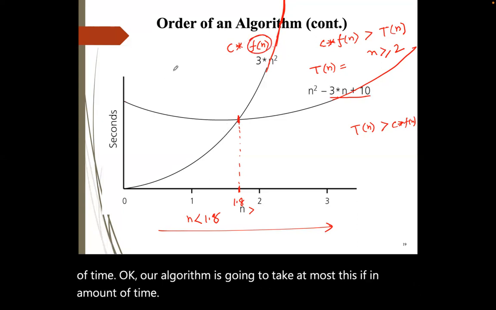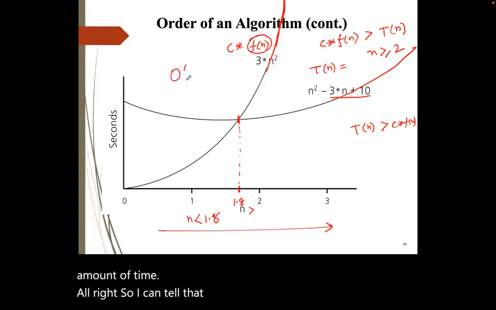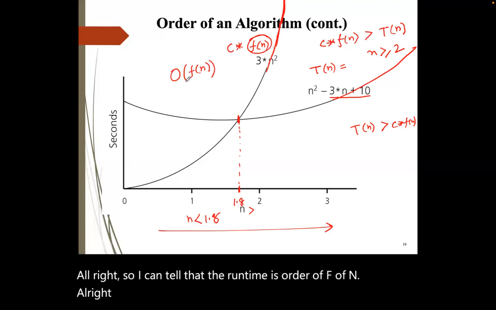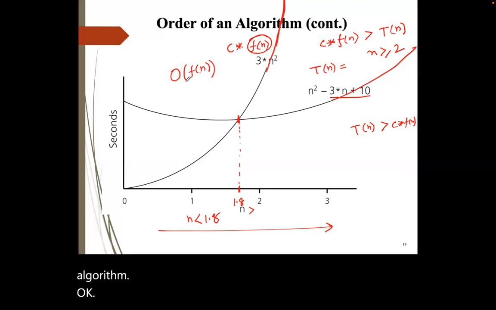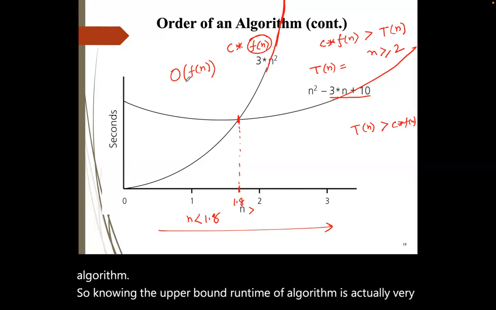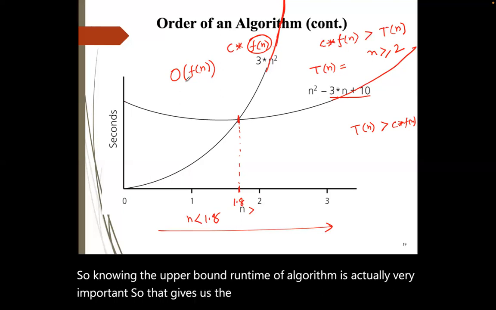So I can tell that the runtime is order of f(n). This gives us the upper bound runtime of the algorithm. Knowing the upper bound runtime of an algorithm is actually very important, because that gives us the worst case runtime of the algorithm.